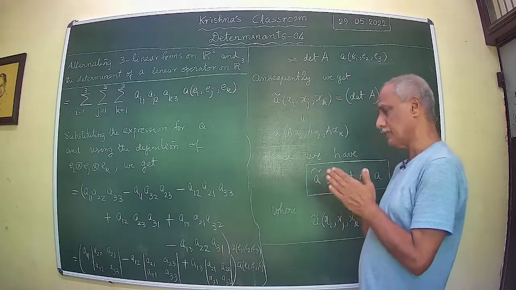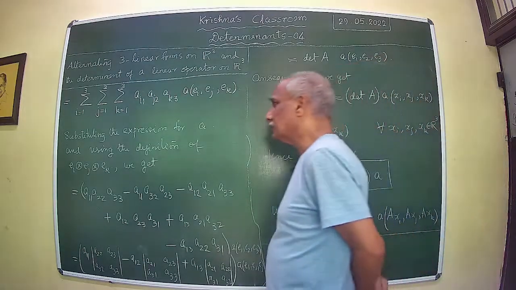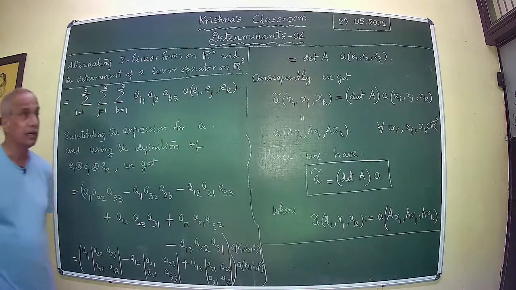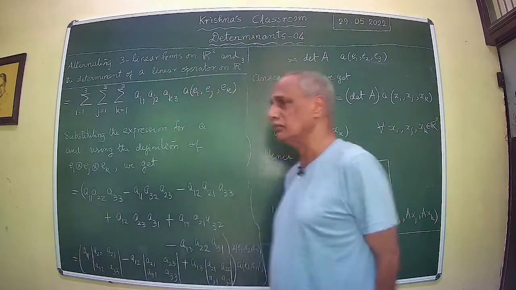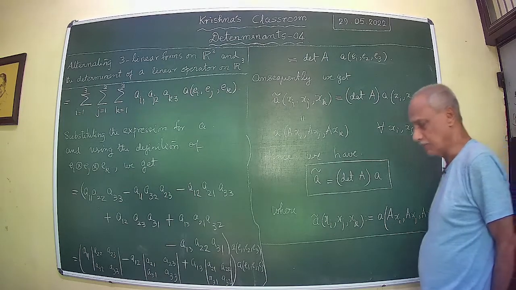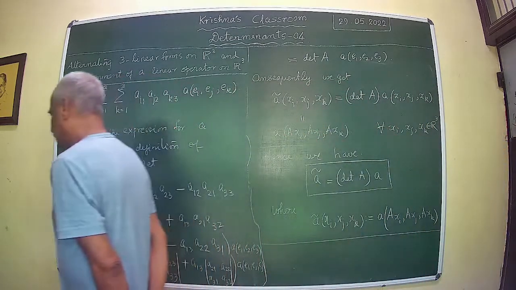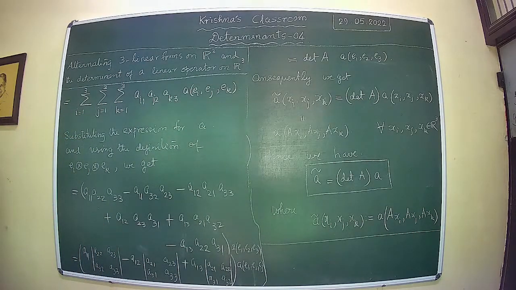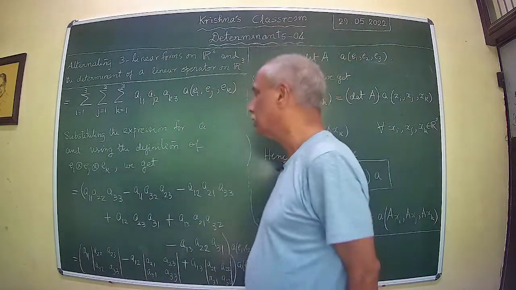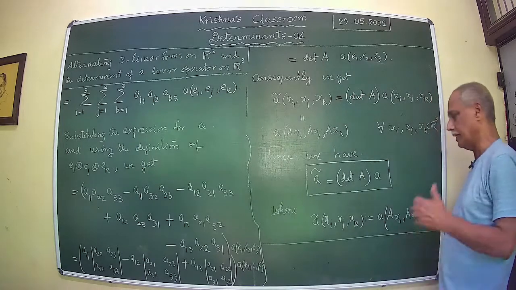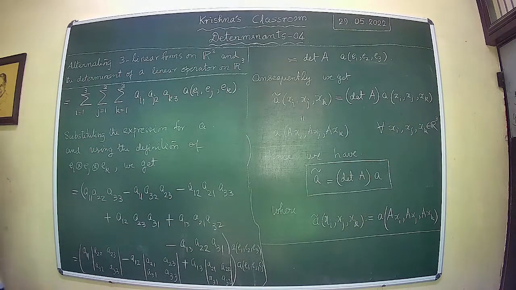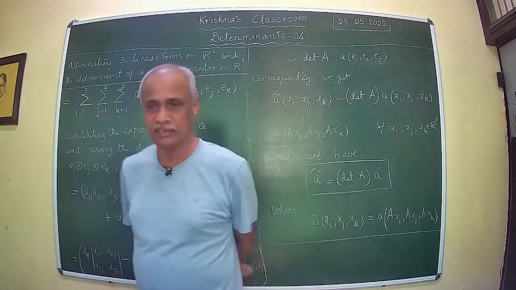You observe that it forms a subspace of the space of all 3 linear forms on R3, and then you explore the dimension of that, and in fact it turns out to be of dimension 1, and then you can construct a basis for that. So every element of that becomes a scalar multiple of this particular 3 linear alternating form on R3 that you have identified, which is a very interesting expression.